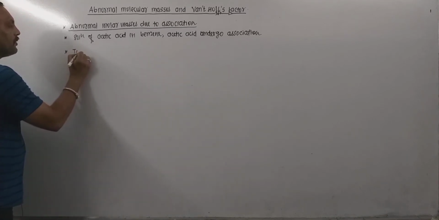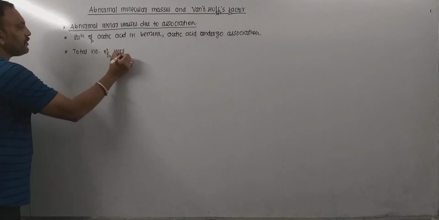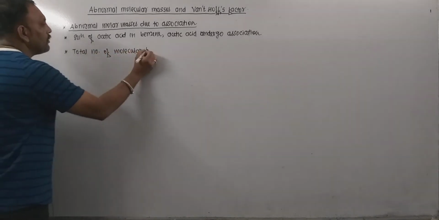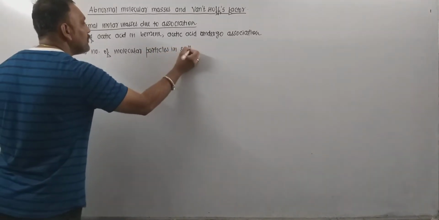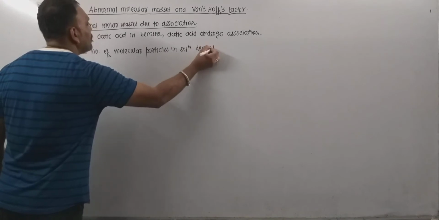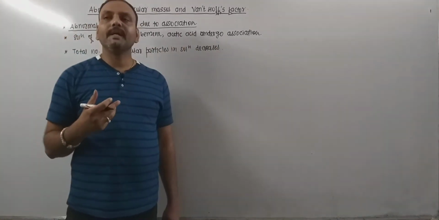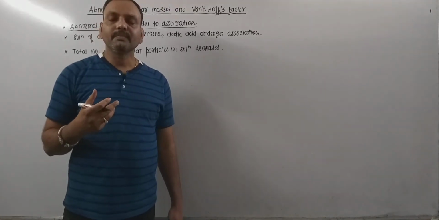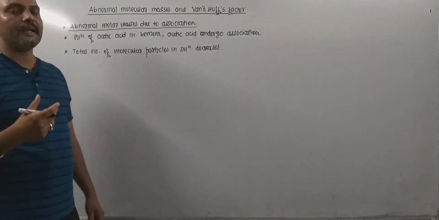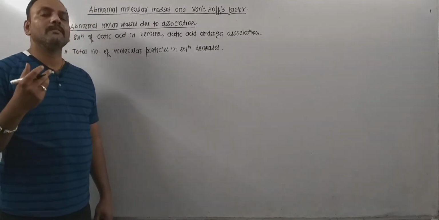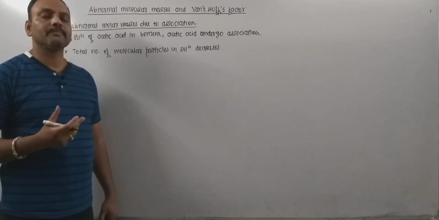Due to this, total number of molecular particles in solution decreases. And remember, the value of colligative property goes on decreasing. Colligative property is a property which depends entirely upon the number of particles of solute.